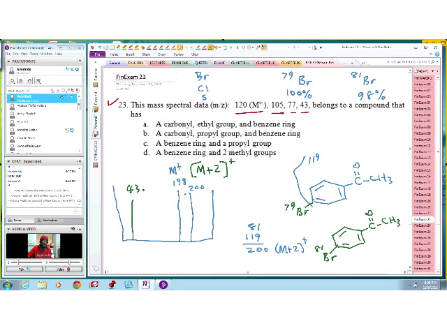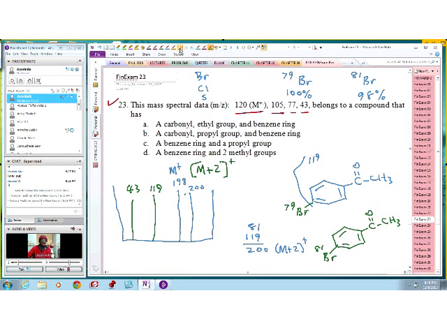The 43 is still here. You have an ion at 119. But the point to be made here is, if you take a look at the mass spectrum of a compound and you see a molecular ion, and then two masses away, you see another ion, which is almost the same intensity, then you know that you have bromine in that molecule.